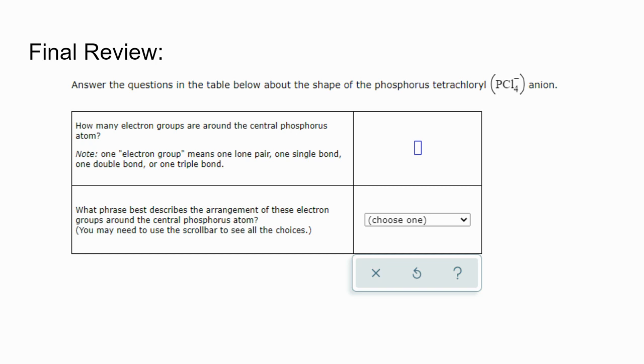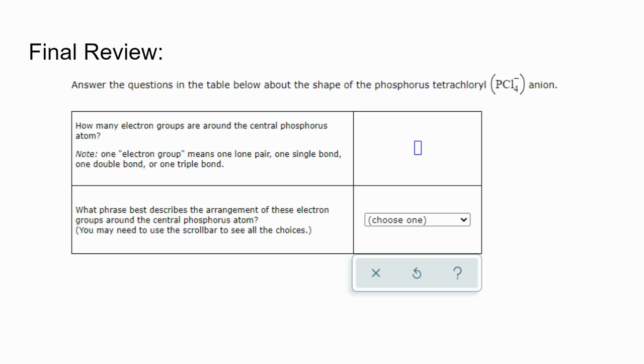Good. Yes, that's it. Trigonal bipyramidal. Okay, luckily this one's a drop-down question, so you don't have to spell it.